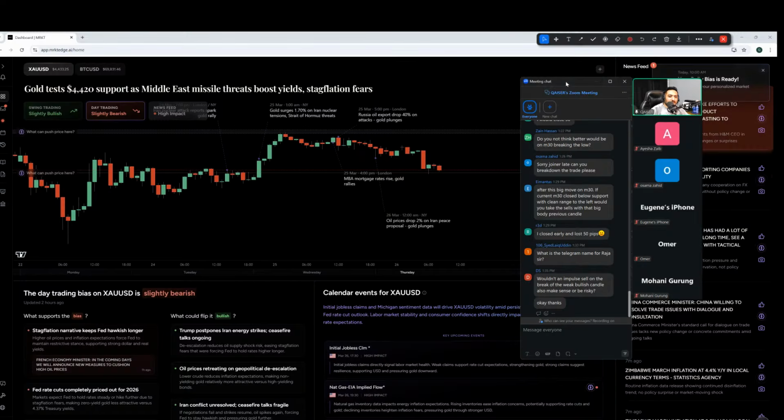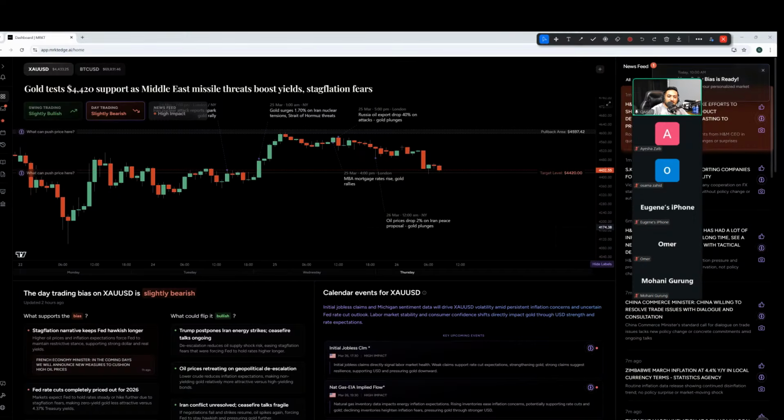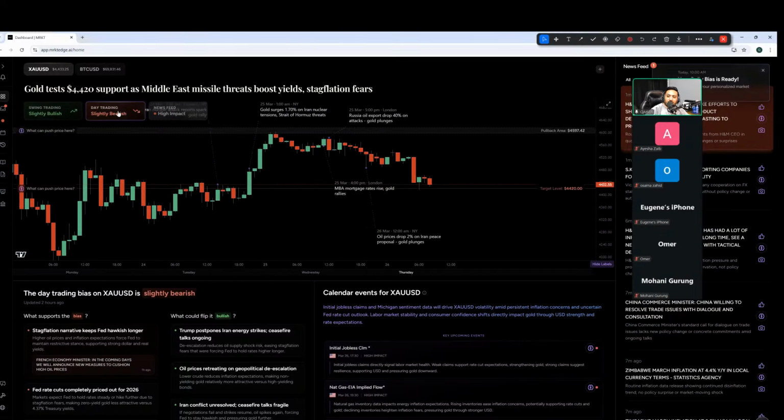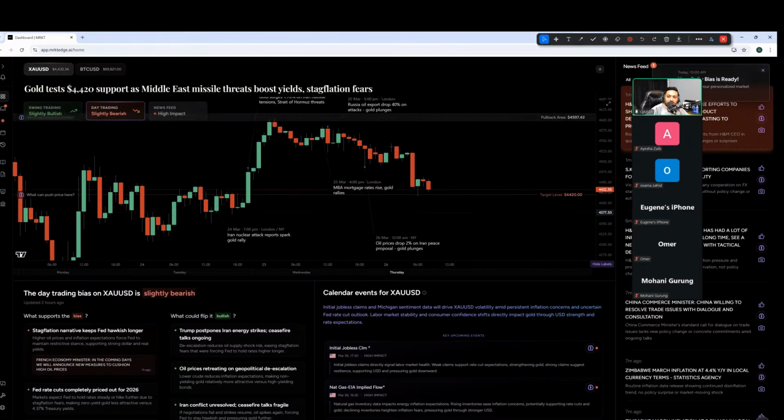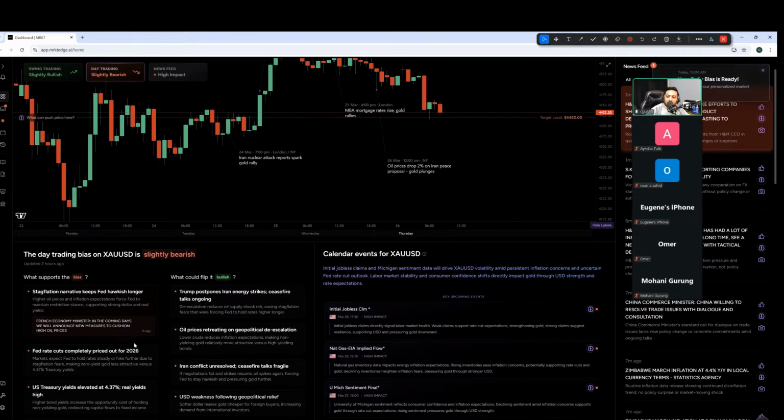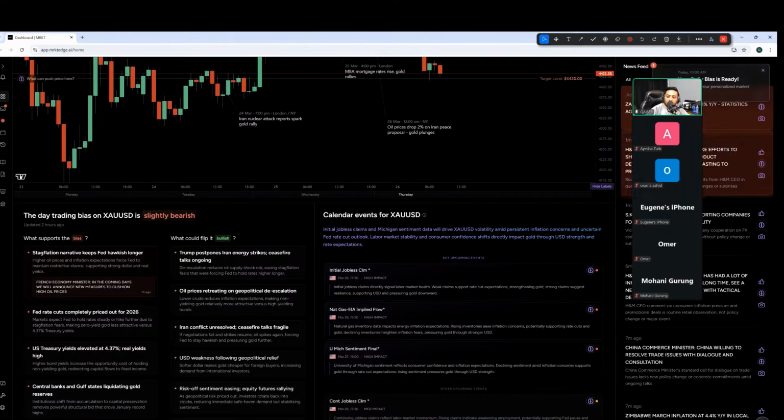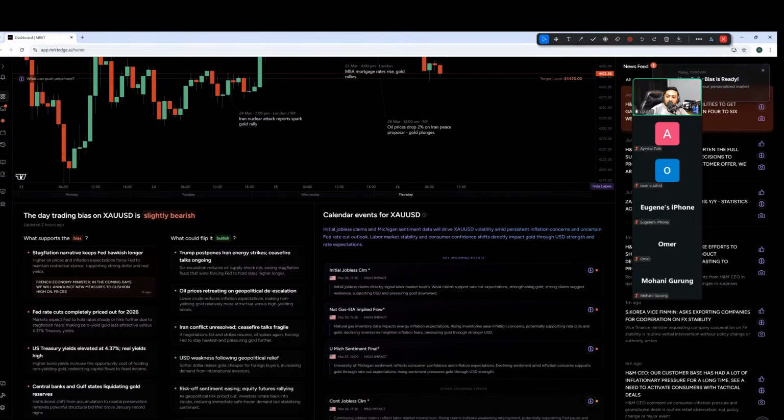So looking at Market at JI, the intraday has a 4420 level, the bearish target they are giving right now. So what could push gold to the downside? Stagflation narrative keeps Fed hawkish longer. Okay, Fed rate cuts completely priced out for 2026.